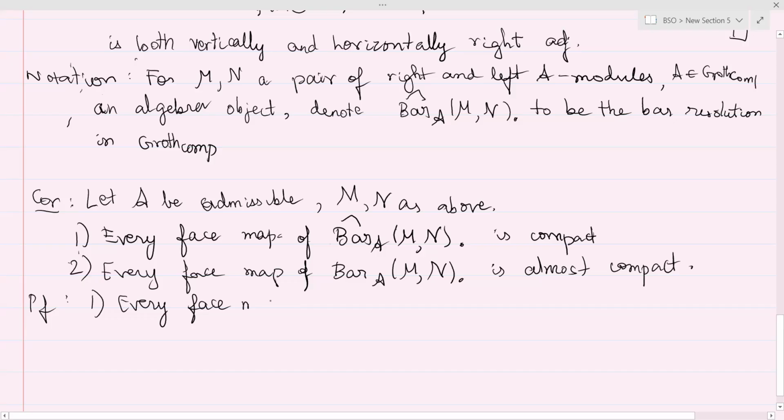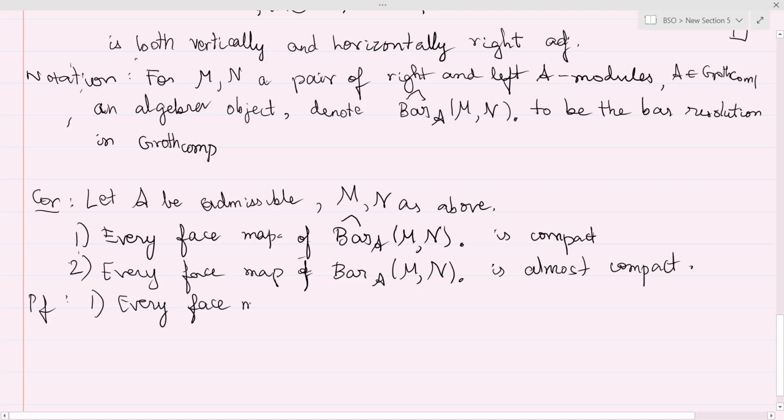It's just a bar construction in Groth comp, right? I think this gives you the same thing, because the localization is symmetric. Yes.